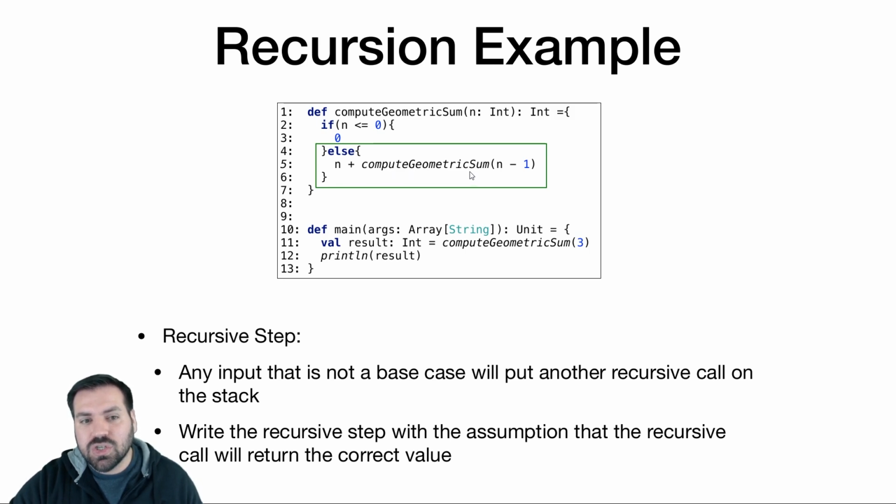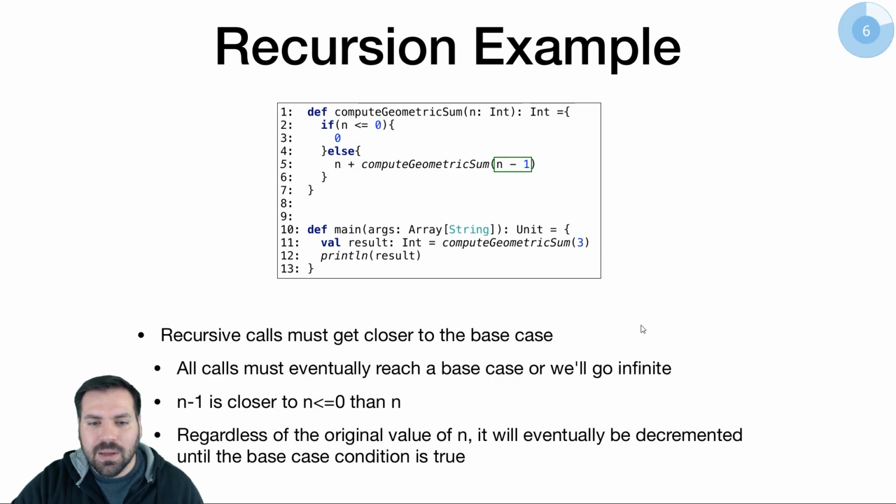So we're going to just assume that the recursive call is correct, and then write all of our logic based on that assumption. I put it as 2 separate steps in Friday's lecture. 2 ingredients to my successful recursion. So I'm going to compute the geometric sum, in this case of n minus 1, because I'm going to make our 4th ingredient, I'm going to make recursive calls that always get closer to the base case.